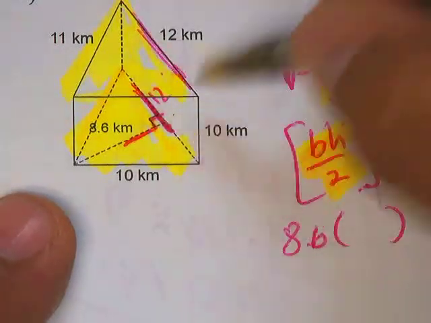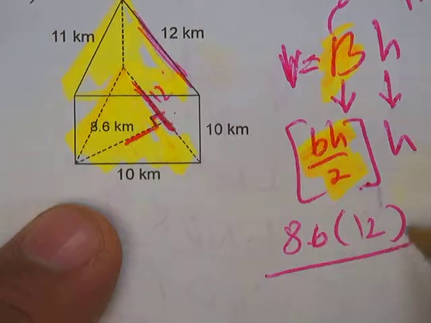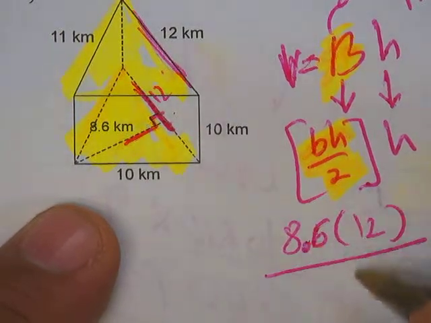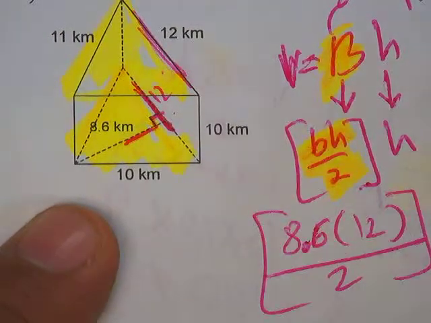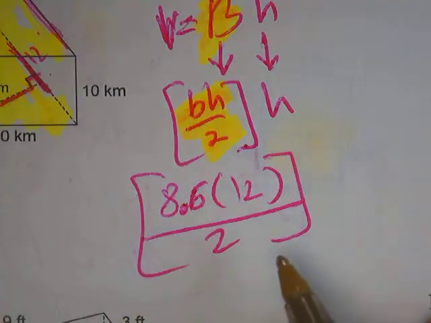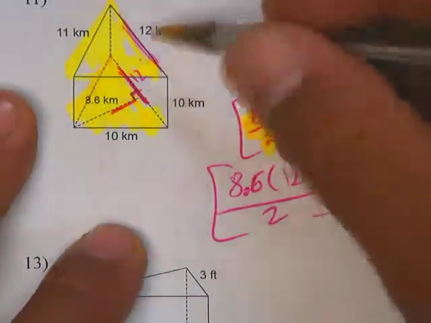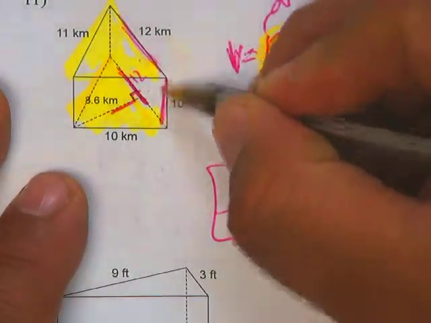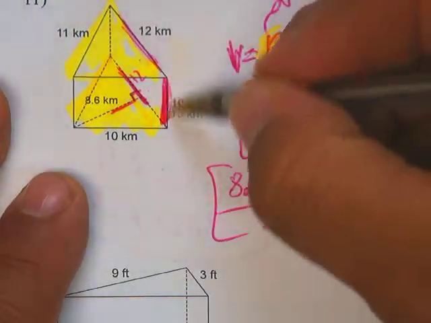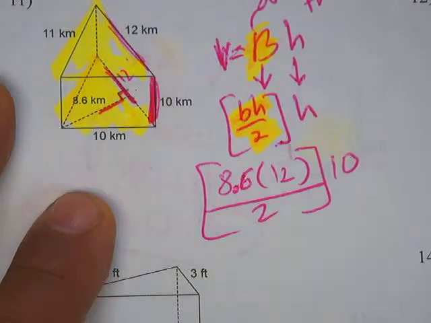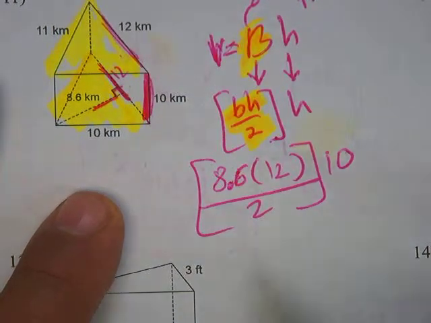So that means that this is also 12 because of the parallel lines. And so this is 8.6 divided by 2. This is all part of the area of the triangle first. And then times the height. The height is the line that's touching both of the triangles at the same time, or how tall it is. And in this case, it happens to be 10. And so we're going to multiply times 10.